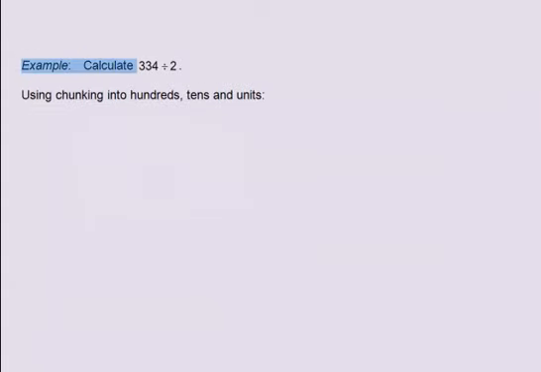Example: calculate 334 divided by 2. Using chunking into hundreds, tens and units, 334 divided by 2 equals 300 divided by 2 plus 30 divided by 2 plus 4 divided by 2. 300 divided by 2 is 150. 30 divided by 2 is 15.